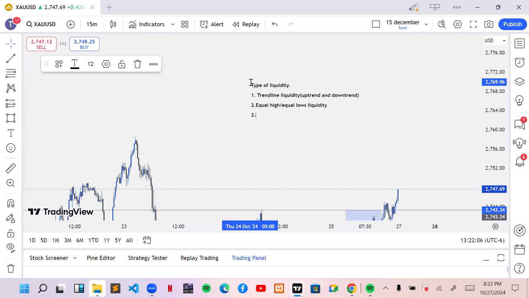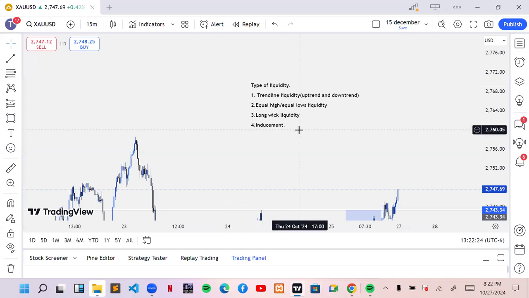There's long liquidity. And also there's the inducements, obviously, as you all know, it's also liquidity. So these are the types of liquidity there is in the market. So how do you now take profits using these kinds of liquidity?